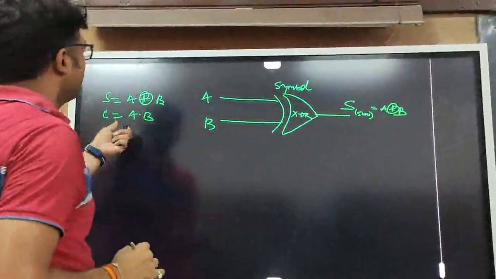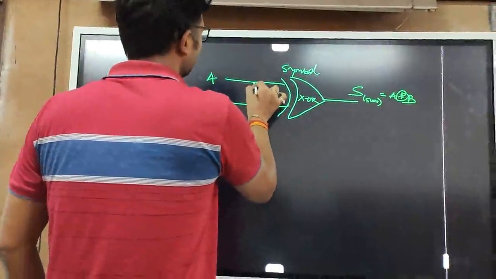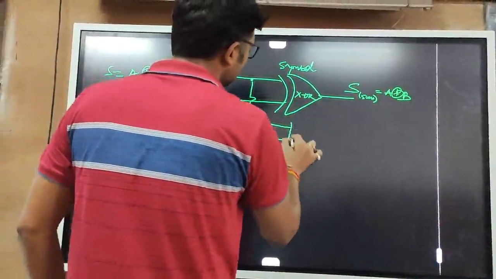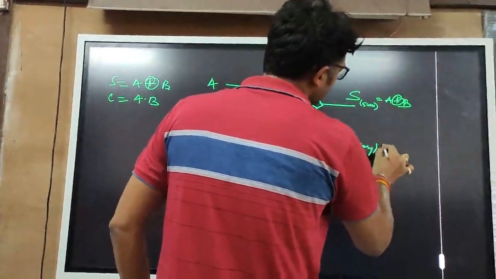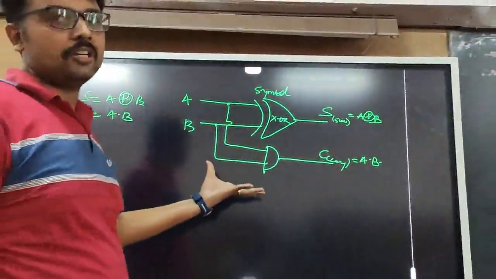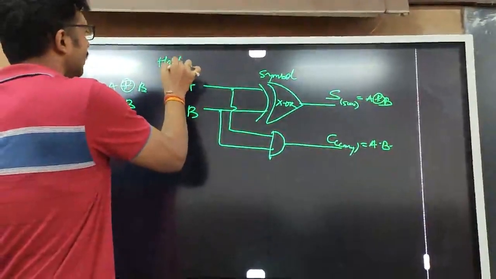Similarly for carry, we have to take A and B, and we will take an AND gate. So finally we have designed this circuitry for the half adder.